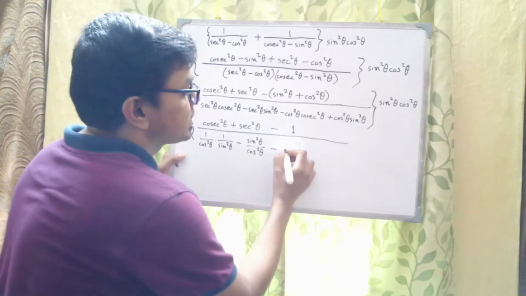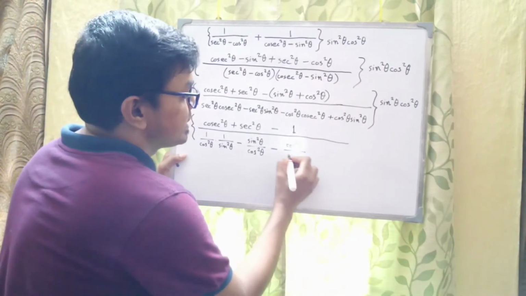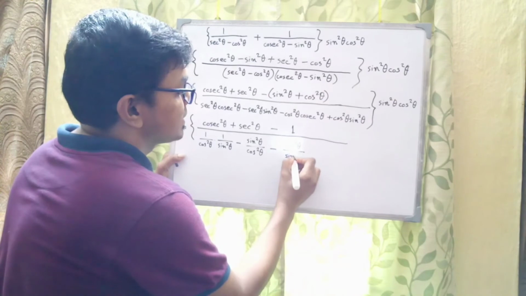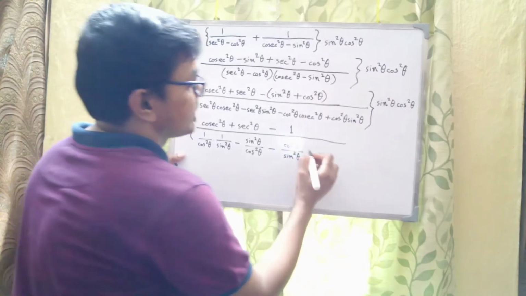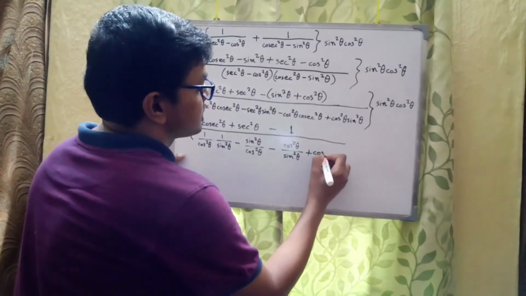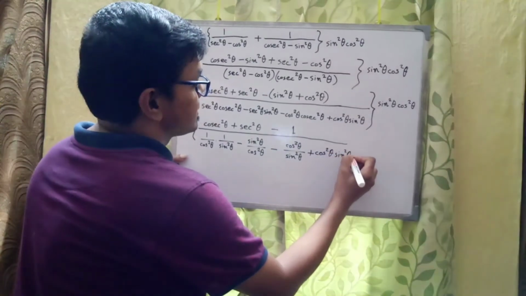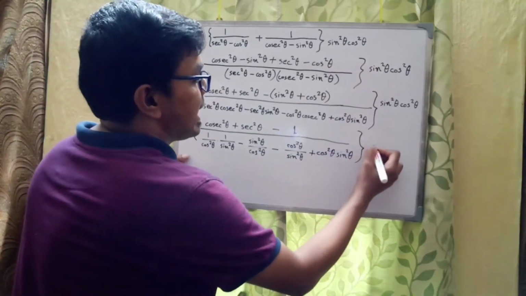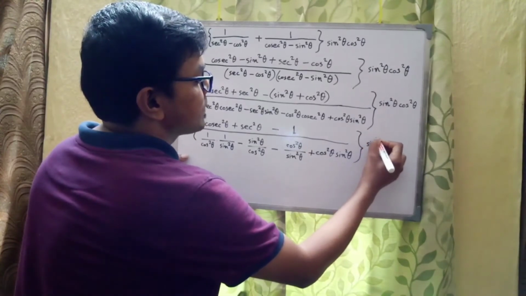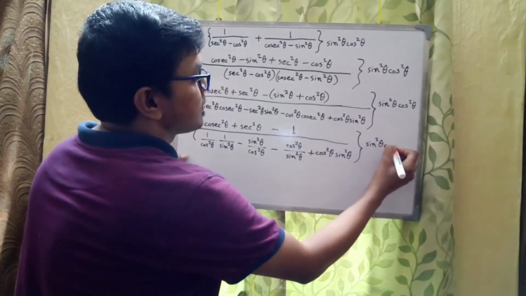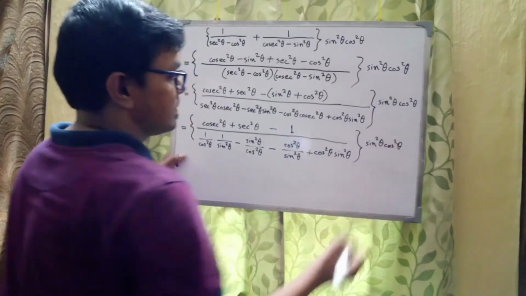In place of cosec² θ we will write this by sine and give here sin² θ, plus cos² θ sin² θ, and this one sin² θ cos² θ outside.